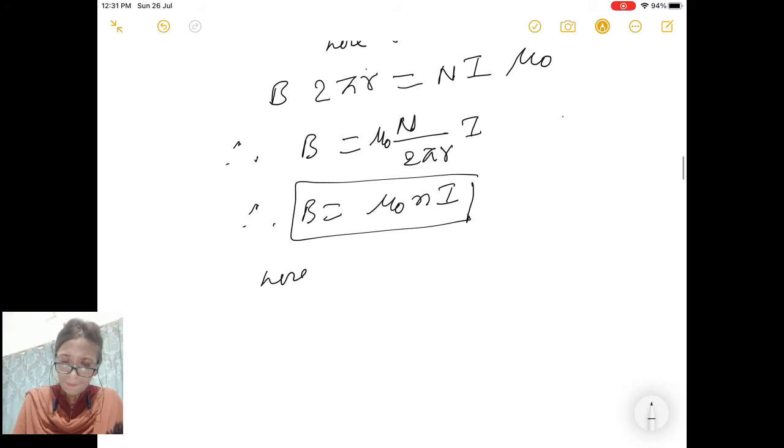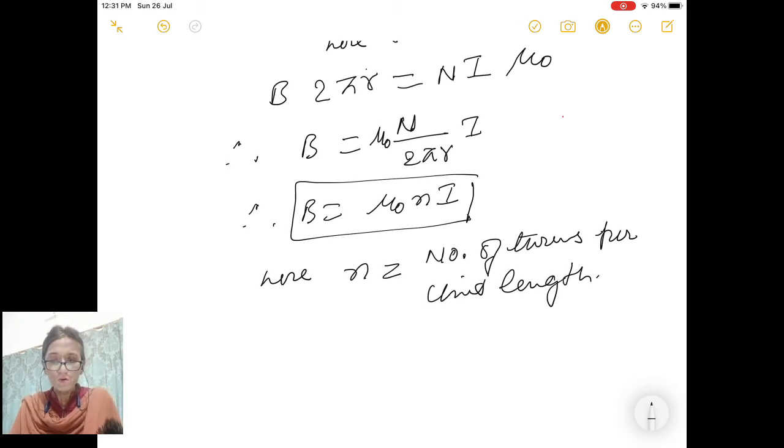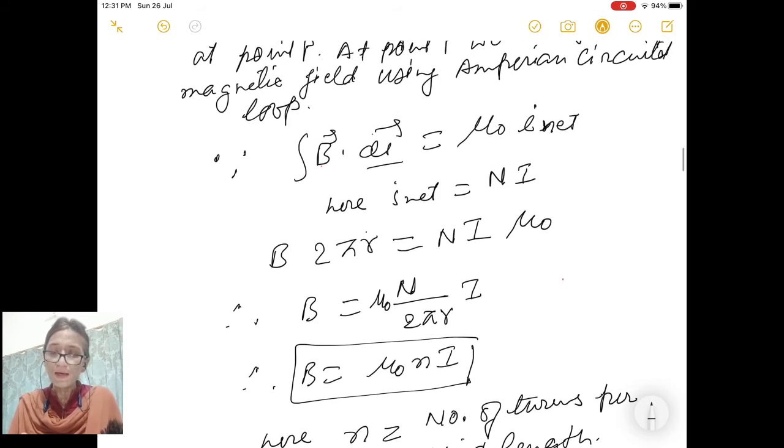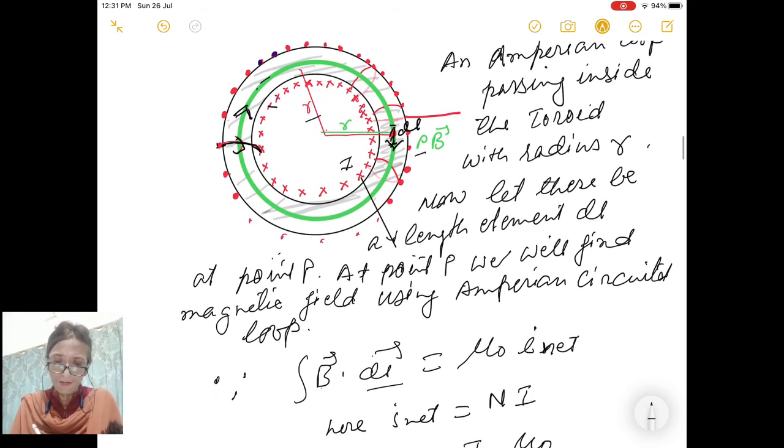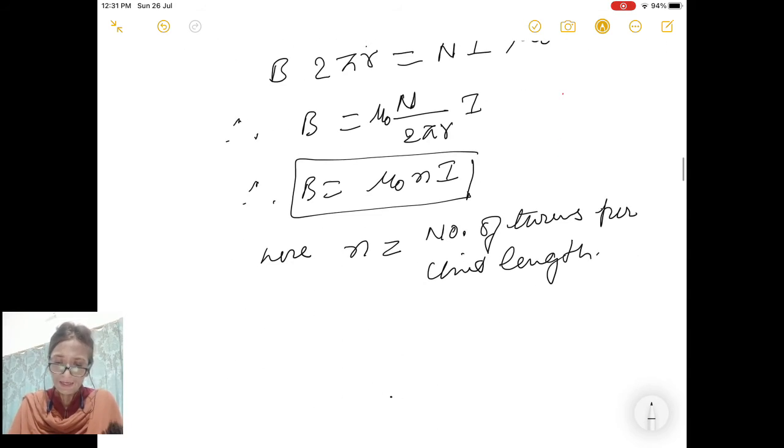Here small n is equal to number of turns per unit length. So this is the magnetic field B inside a toroid, here inside, and this B is a constant.